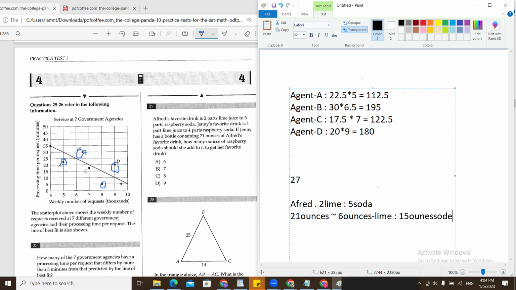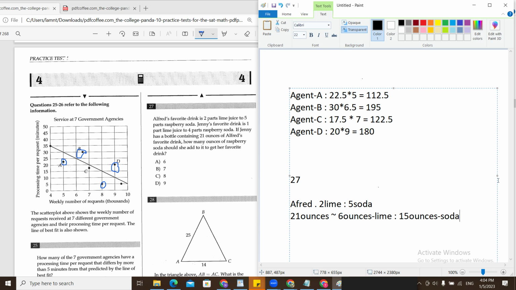So 15 ounces of soda, right? Because there's 21 ounces, and the ratio is 2 to 5, so you can easily divide it into 6 ounces lemon juice and 15 ounces soda, right?